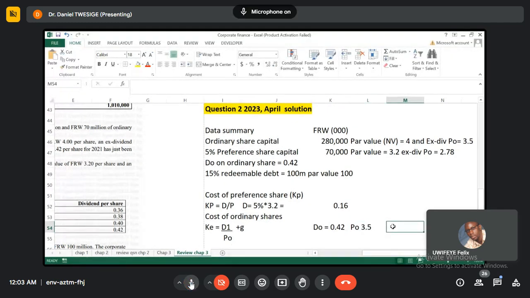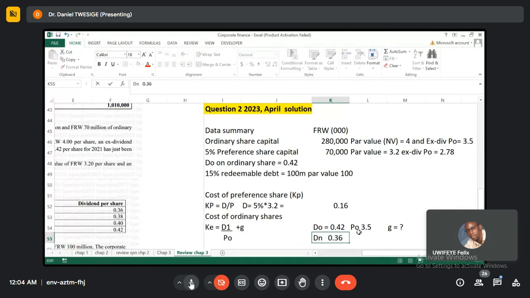And if you look at G, we are not given. This one is not given, but we have been also given our DN, what we call the dividend in the initial period, which is 0.36. That one is given.